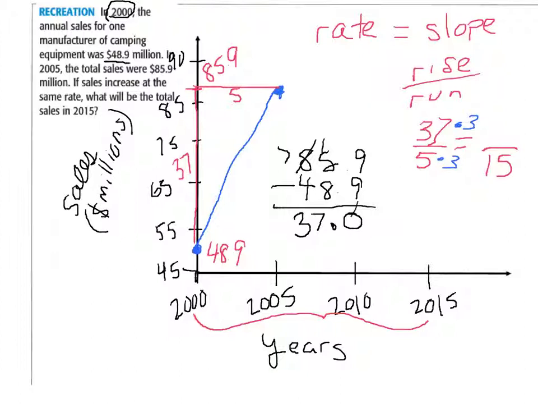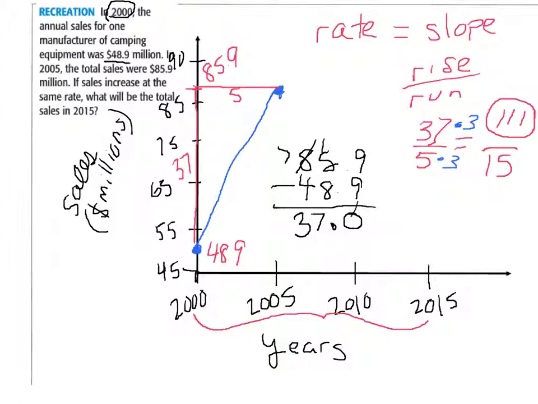So 37 times 3 would be 111. So I would end up at $111 million, or $111 million increase over 15 years.